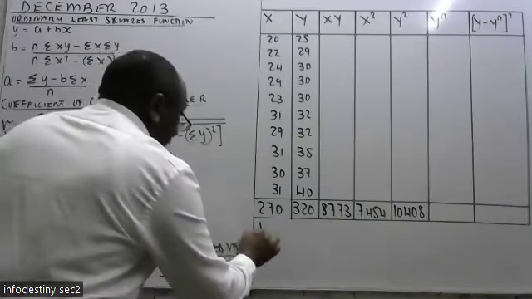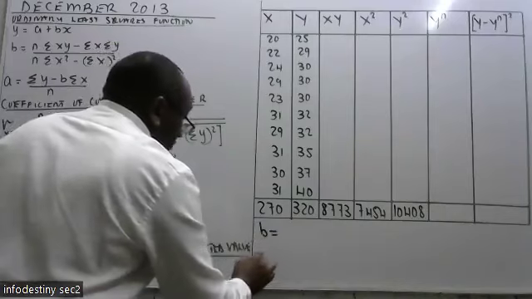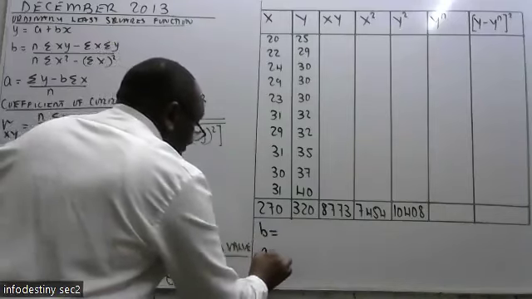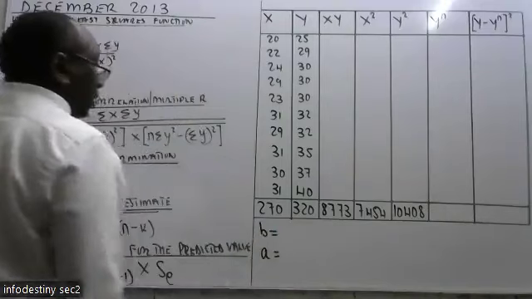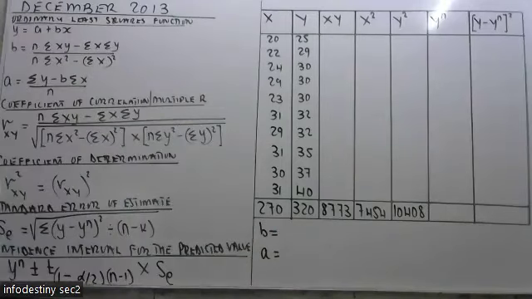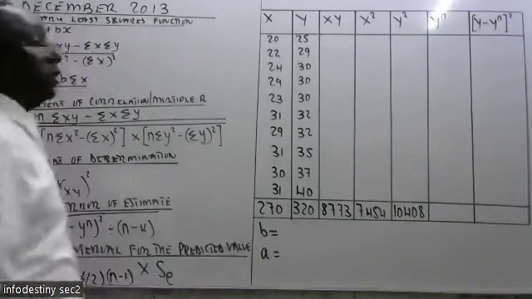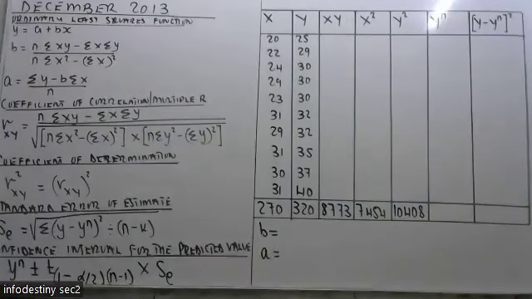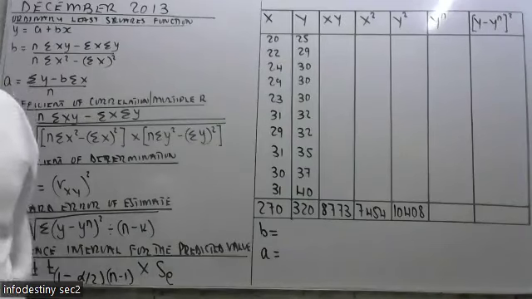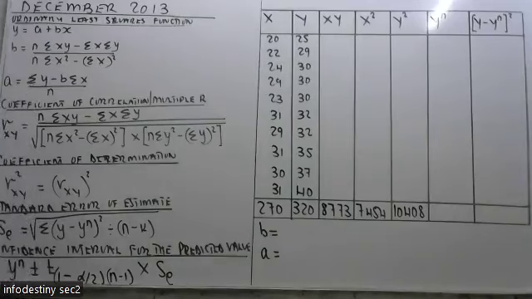Then still using the calc, I will come, you tell me the value of B, the value of A, and the value of R. So confirm whether those values are okay. Then give me those two values.